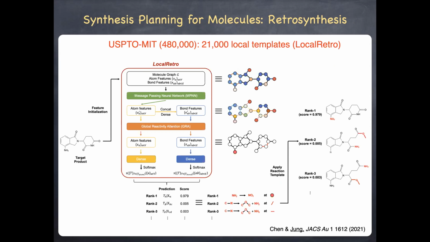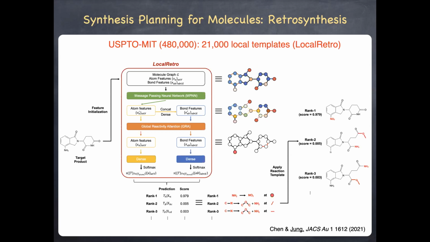And in that prediction, basically what you're trying to do is identify the reaction center where to cut the bond. So for example, in this bond. And the next task is how you cap those bonds that are cut. And those combinations, reaction center and the capping functional groups, need to be determined simultaneously. And so that was the key idea of our approach.